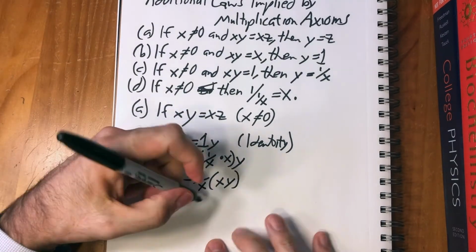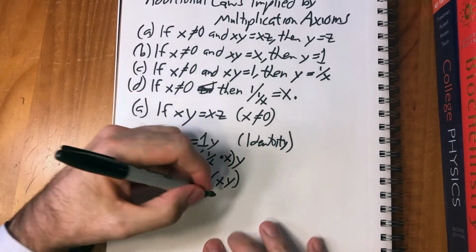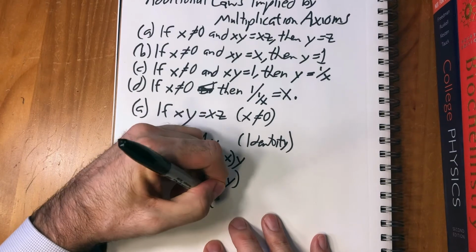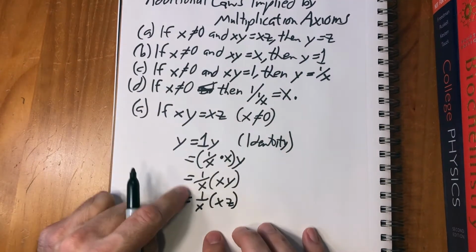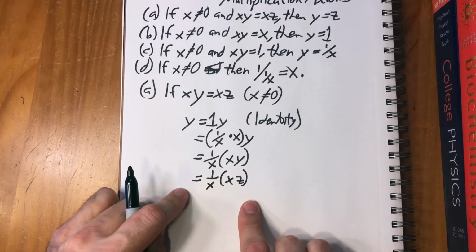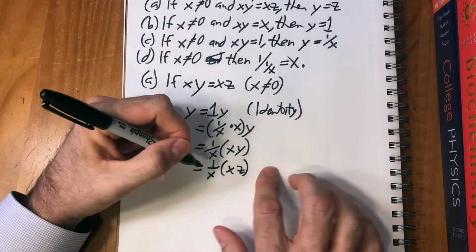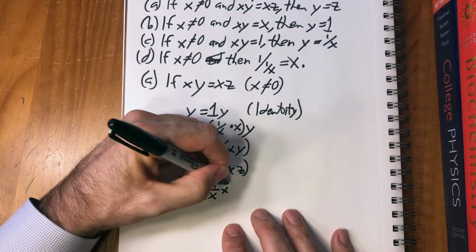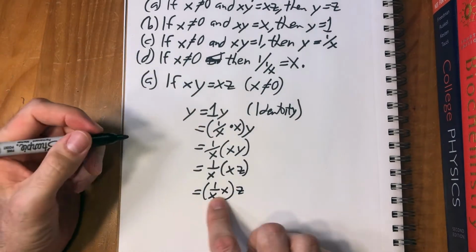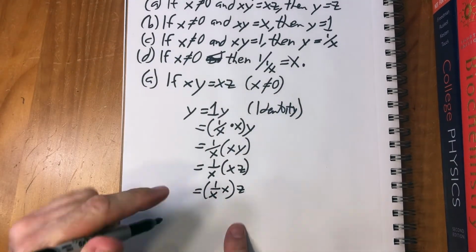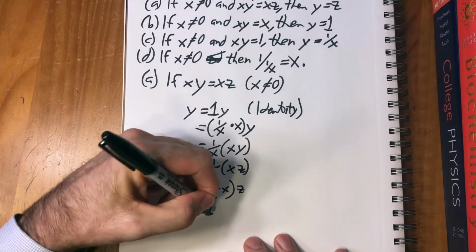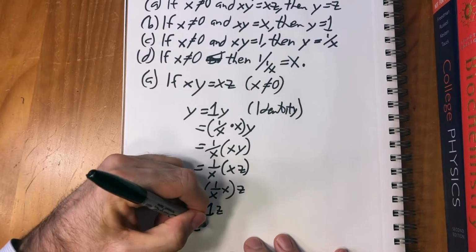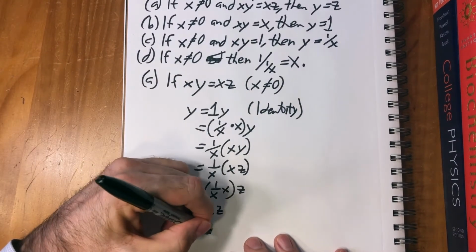We started with the assumption that xy equals xz, so this equals 1 over x times xz. Apply associativity again, and we have 1 over x times x times z. 1 over x times x is 1, so we have 1z equals z.